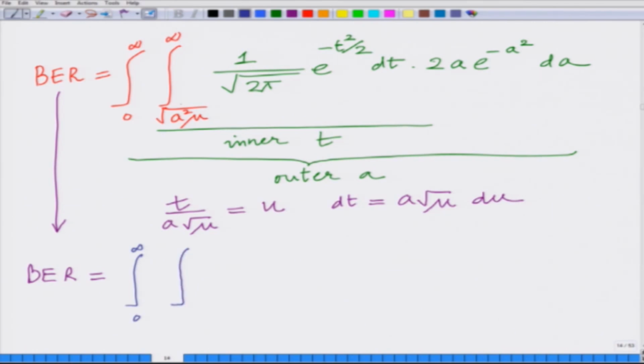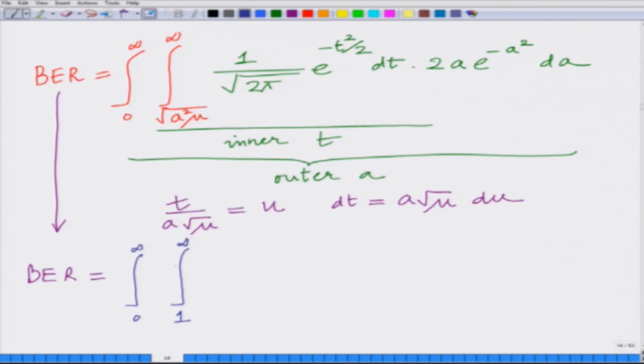When t is equal to A square root of mu, u is equal to t divided by A square root of mu, that is A square root of mu divided by A square root of mu. So, u is equal to 1. When t is equal to infinity, t divided by A square root of mu is also infinity.